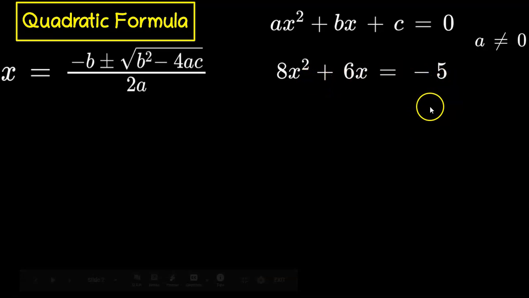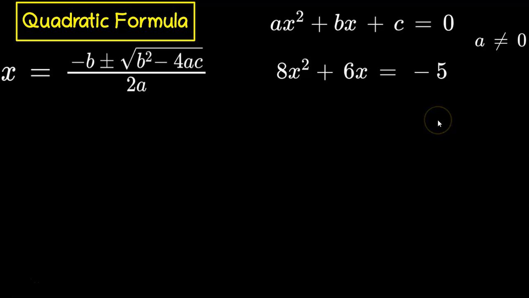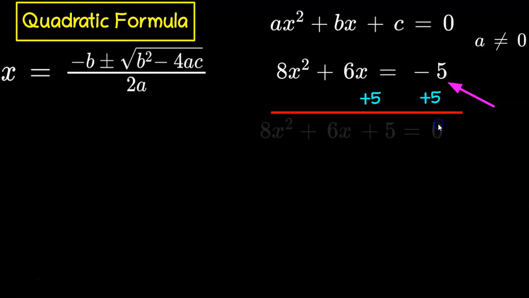So we have to manipulate our quadratic equation and make it equal to 0 by adding 5 on both sides. Adding 5 on both sides, we'll have our new quadratic equation 8x squared plus 6x plus 5 equals 0. Now we can use the quadratic formula to solve this quadratic equation.